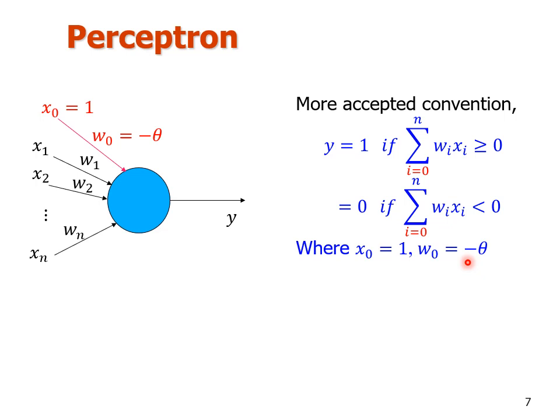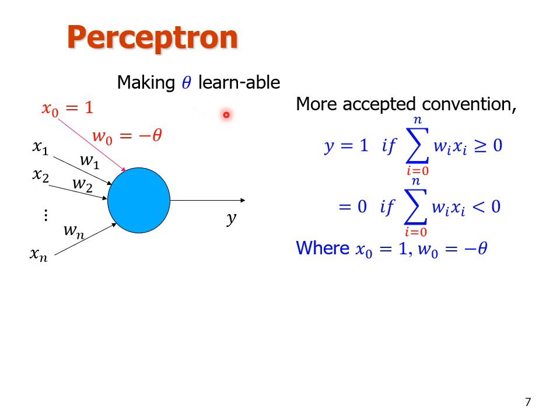So instead of hand coding the thresholding parameter theta, what we did is we added it as one of the inputs with the weight minus theta as shown here, and this makes theta learnable.